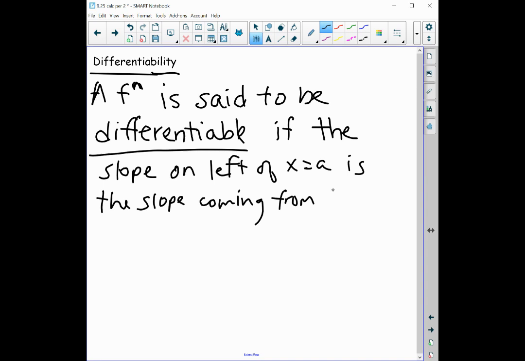That's going to ensure that the limit exists. And since the derivative is technically a limit, that's the only way it could exist.